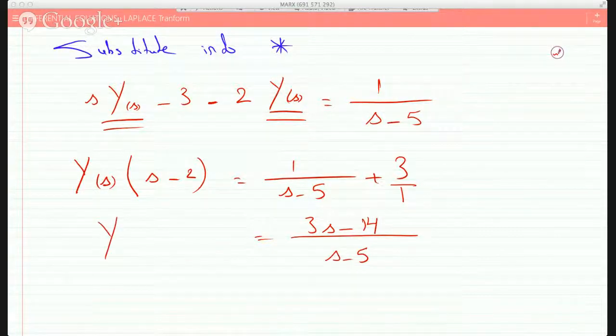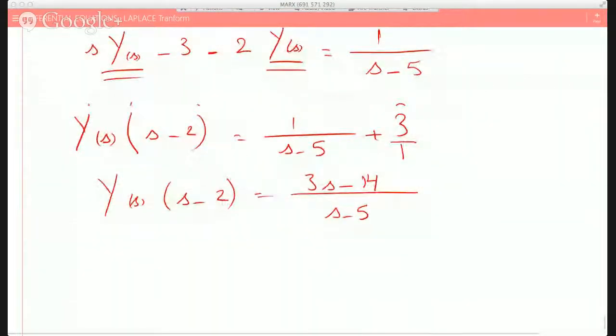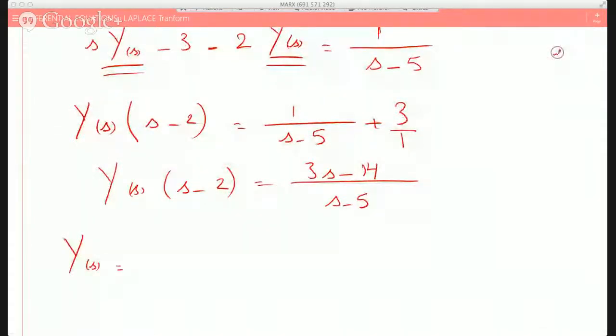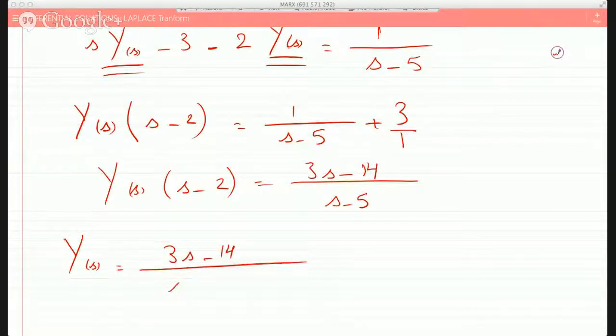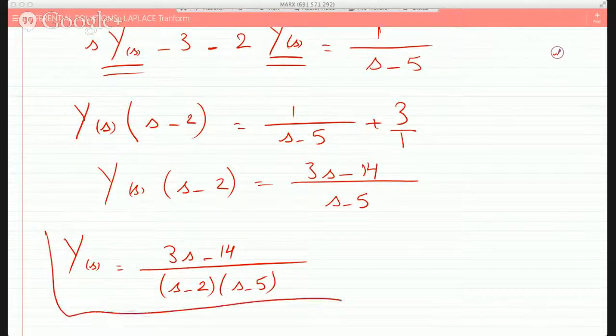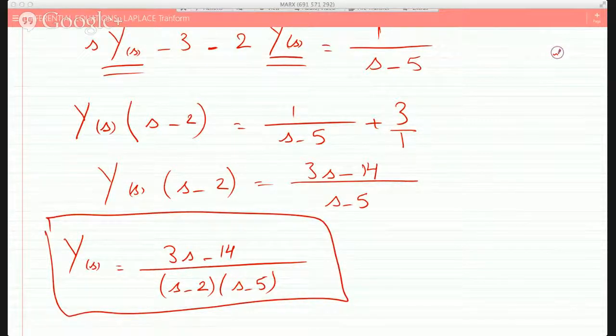And this is y of s times s minus 2. Now I'm going to divide both sides by s minus 2. So I get y of s equals 3s minus 14 over s minus 2 times s minus 5. This is my y of s.